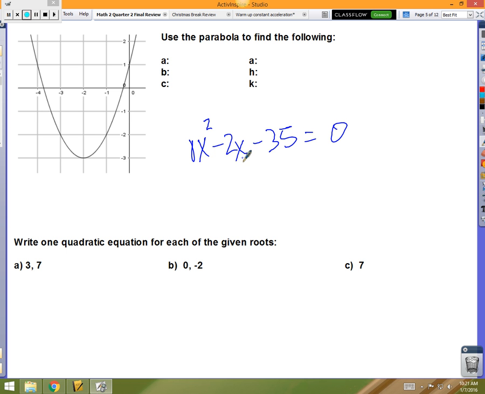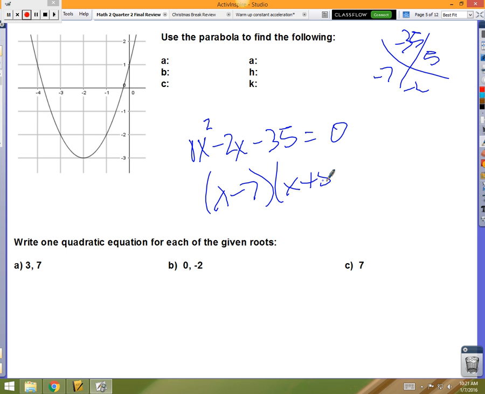Solve for x. What times this gives you a minus 35, but adds and gives you a minus 2? That is a minus 7 and a plus 5. So that'll factor to x minus 7 times x plus 5. So your answers are what makes these two quantities 0.